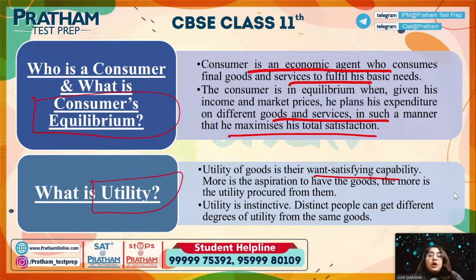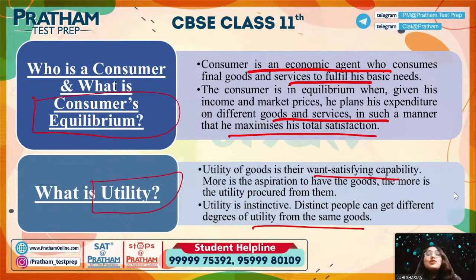People who like commuting by metro have a different utility for Ola or Uber than people who commute with their own vehicle. So what I'm trying to say is that utility is very distinctive. Different people get different levels of satisfaction, a different degree of utility for the same good. So it varies from person to person, right?